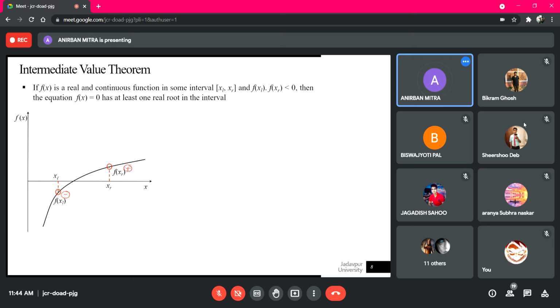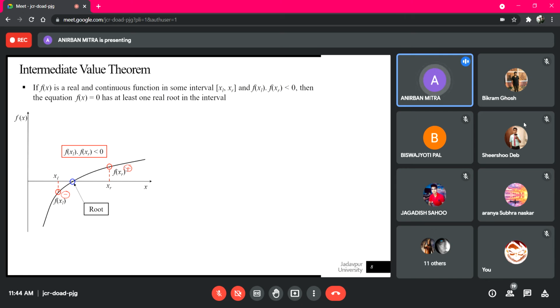So quite obviously, it will satisfy this condition where the product of f(xl) into f(xr) is negative. One of the values is negative, the other one is positive, so the product will be negative, that is, less than 0. And what it says is that if the condition is satisfied, then there has to be one root within that interval. And you can see the root over there highlighted in blue.